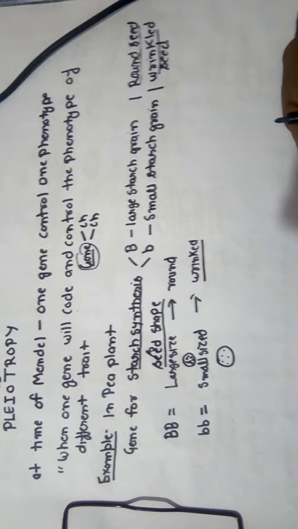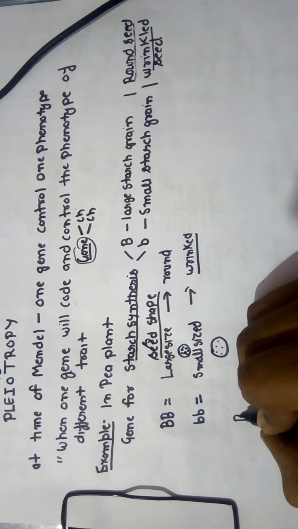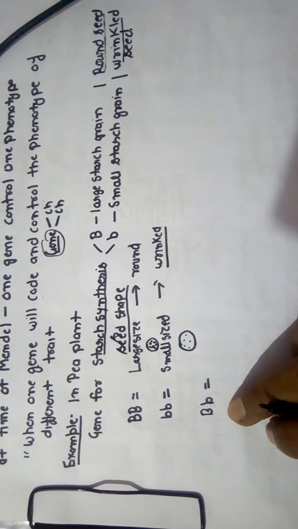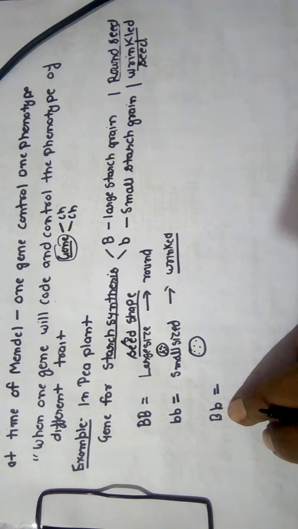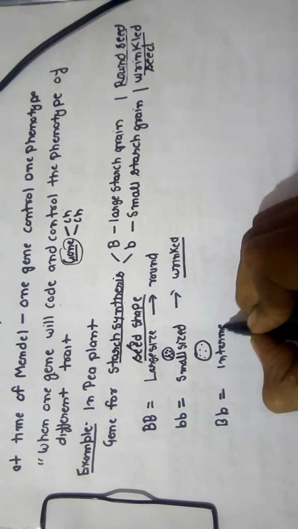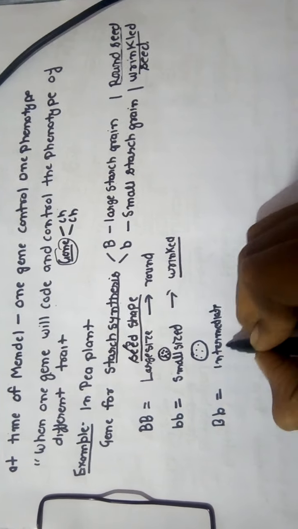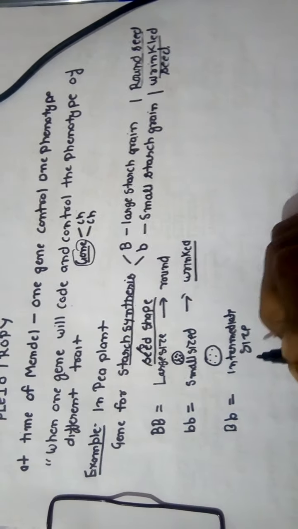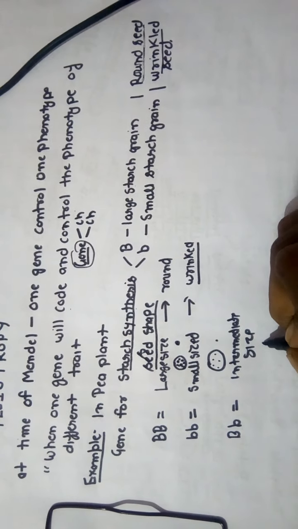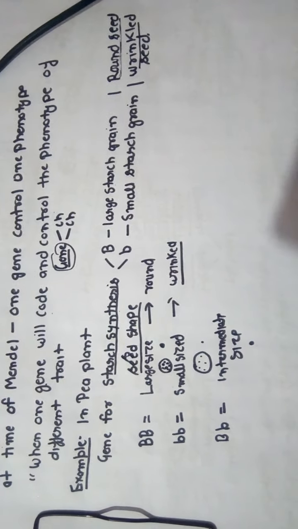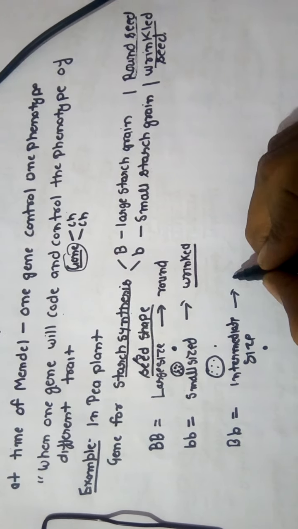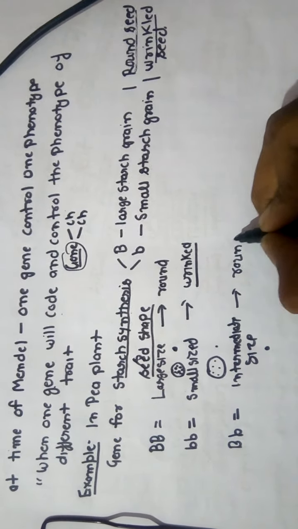And if a pea plant is heterozygous for the gene, capital B and small b, in this condition intermediate size starch grains are produced. That means इस केस में अगर इतने बड़े starch grain आते इसमें small आते तो इस केस में intermediate size of starch grains are produced, and due to this intermediate size of starch grain, on maturity the seed becomes round.